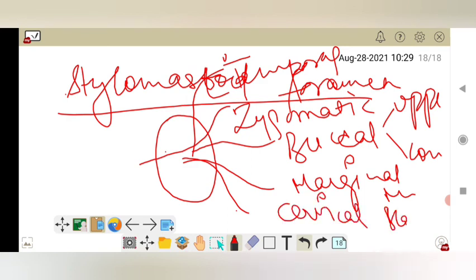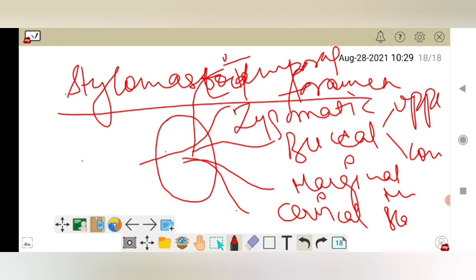The temporal branch supplies the auricularis anterior and superior muscles and the upper part of orbicularis oculi, frontalis and corrugator supercilii. The zygomatic branch runs along the zygomatic arch and supplies part of orbicularis oculi.